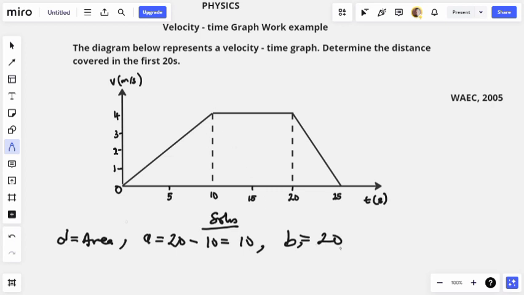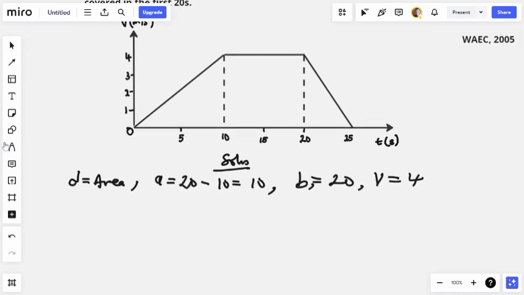Then the height, or you say the velocity, the maximum velocity of our graph is 4. You recall that total distance equals the area of a trapezium, and the area of a trapezium is what? A half times A plus B times the height, but the height in this case is the maximum velocity or maximum speed.